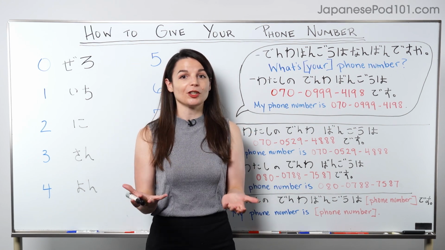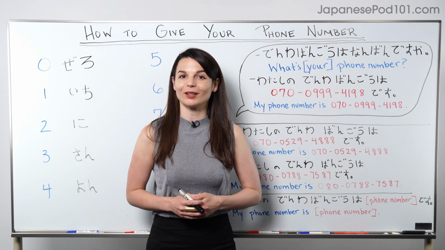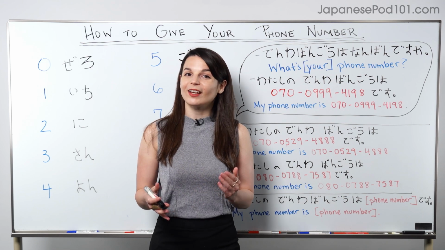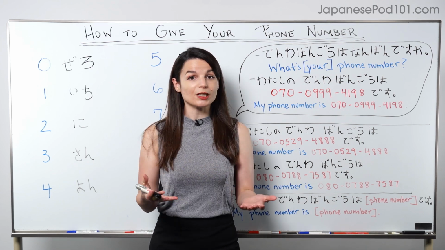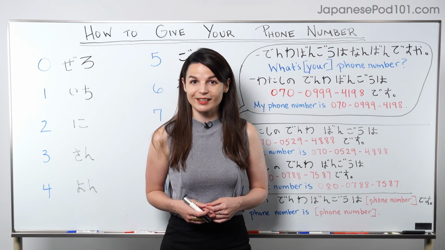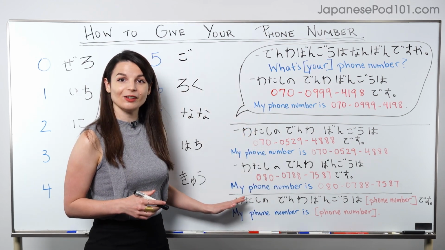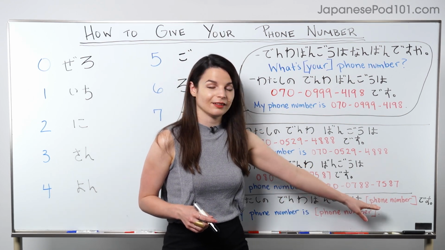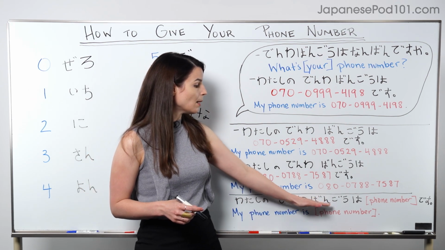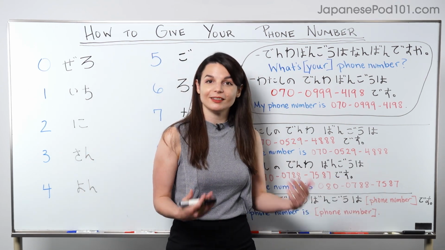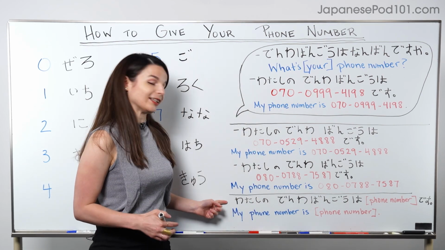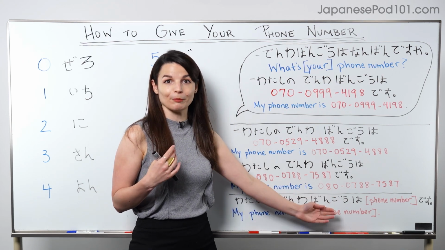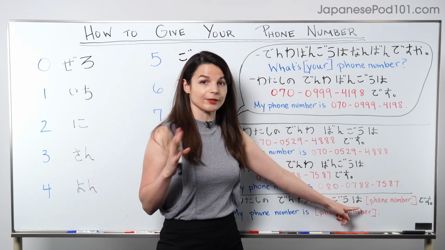Okay, so now let's look at the basic pattern that you can use to express your own phone number in Japanese. It's 私の電話番号は phone number です。Let's break this down. 私の means my. 電話番号 phone number. は marks our topic.